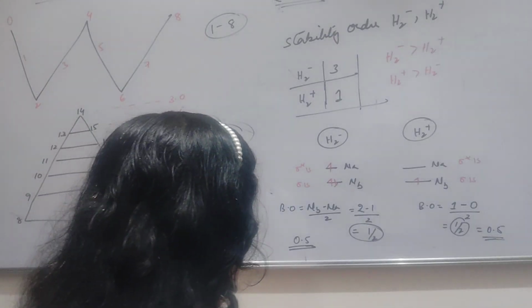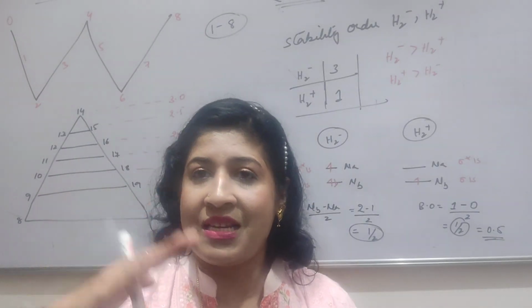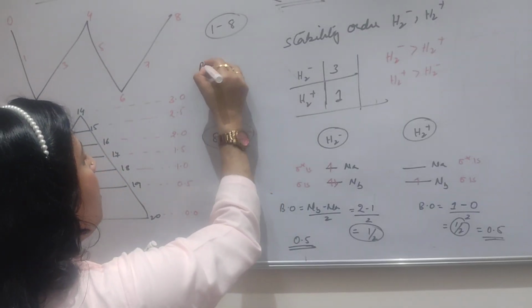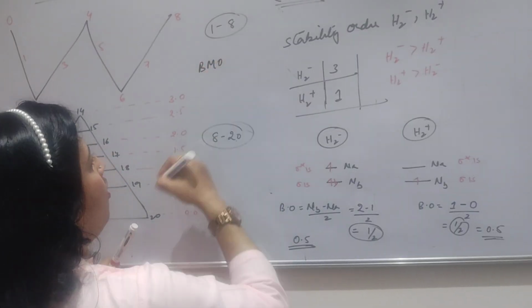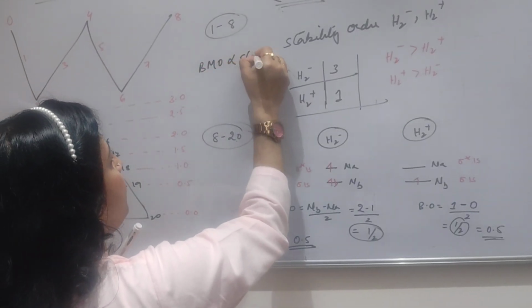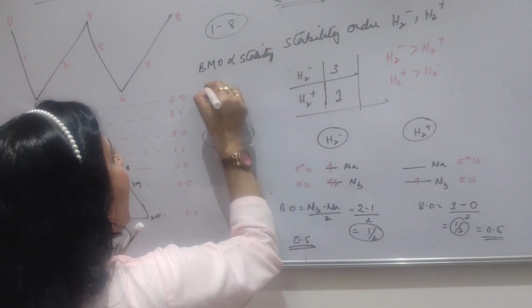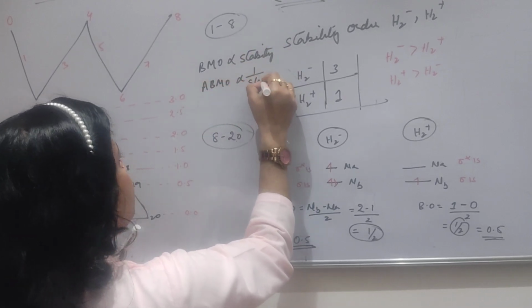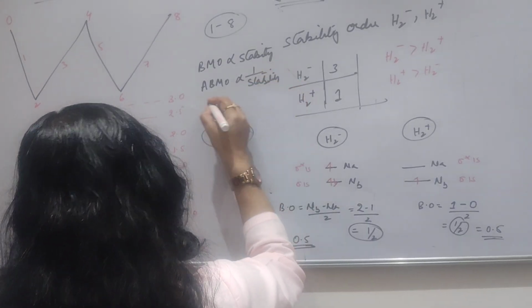Very, very important. Always we know that stability is always for bonding. So bonding molecular orbital is directly proportional to stability, and anti-bonding molecular orbital is inversely proportional to stability.